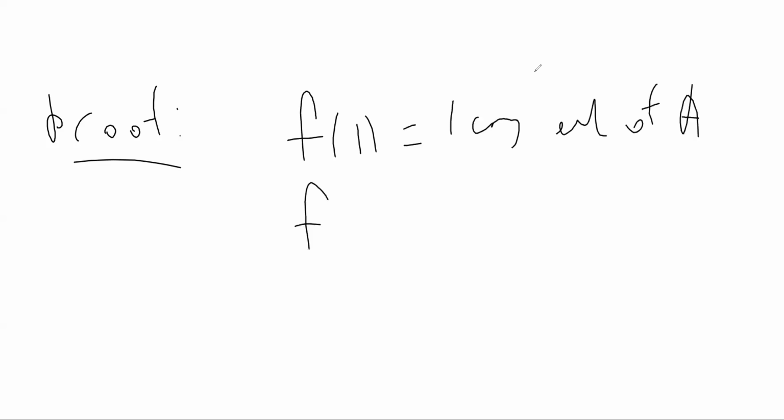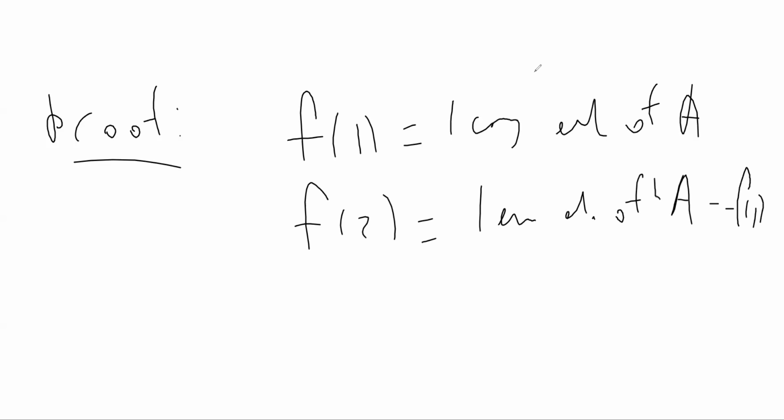Or we can also try to build a function that would look like this. Say f1 is the largest element of A, then f2 would be the largest element of A minus f1, and so on.